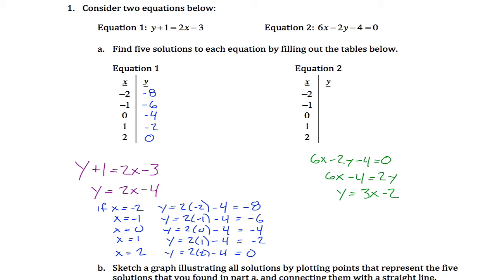And then we can go through those same steps we did over here. If x equals negative 2, we get 3 times negative 2 minus 2, negative 6 minus 2, which is negative 8. And if x is negative 1, we get 3 times negative 1 minus 2. Negative 3 minus 2 gives us negative 5.